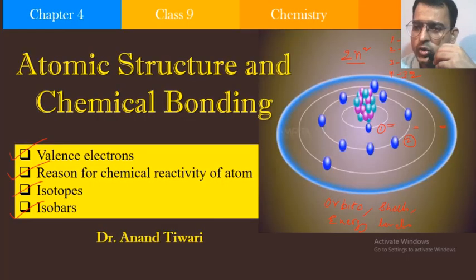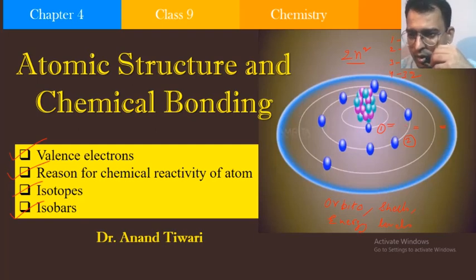If we consider this particular atom with K, L, M, and M is the outermost shell, then in M we can have a maximum of 18 electrons. But how many electrons are there? 1, 2, 2 electrons are there.